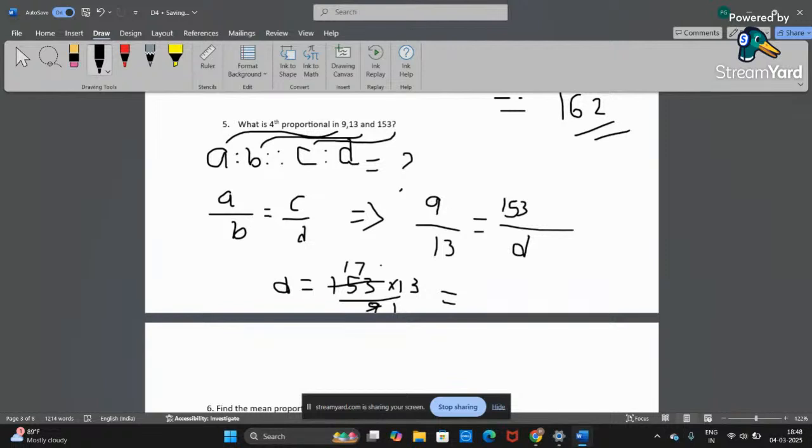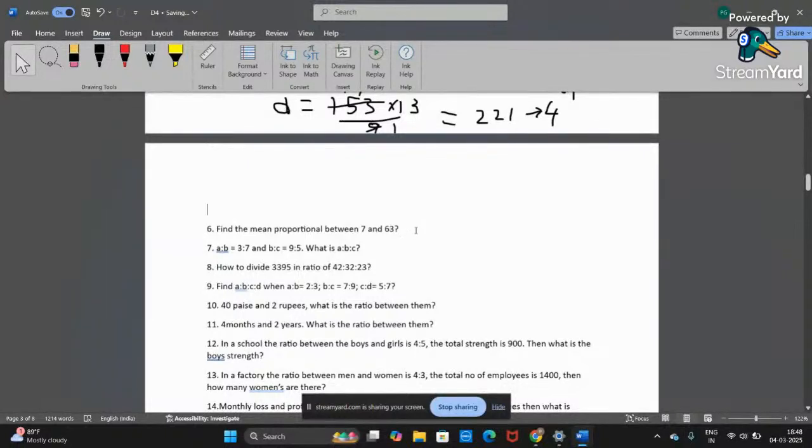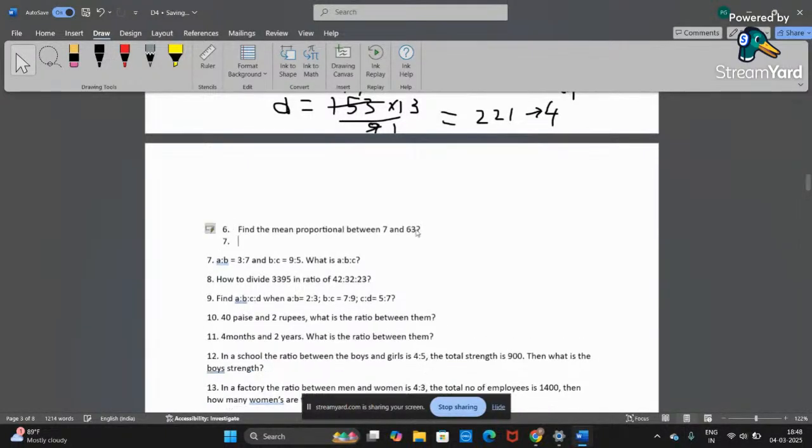So 17 into 13, how much is it? It is 221, right? Yes, this 221 is your fourth proportion. Now let's move on to find the sixth one.